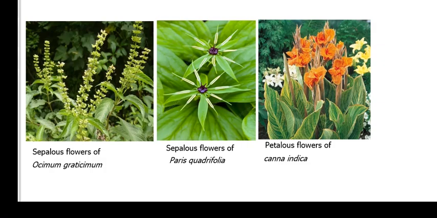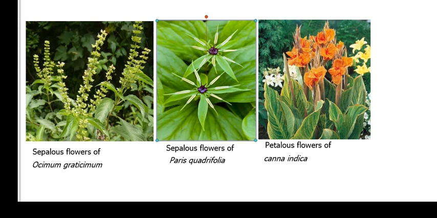Then a flower can be said to be petalous if it has petals, sepalous if it has sepals. But flowers can also be said to be sepaloid. A sepaloid flower is a flower that has both the corolla and calyx greenish in color.